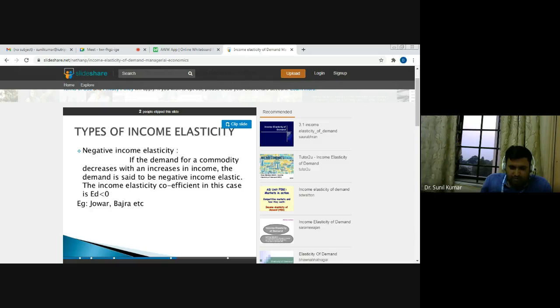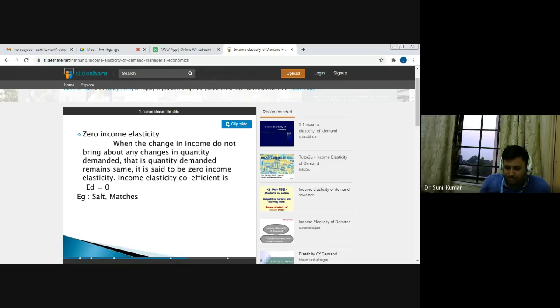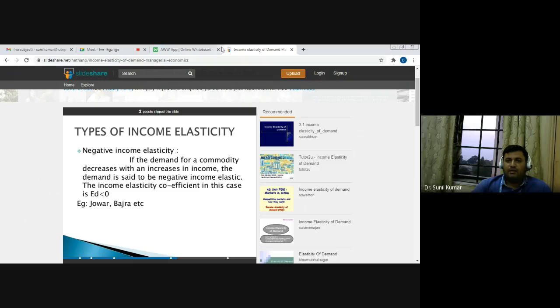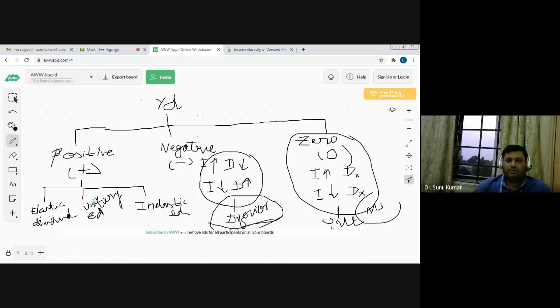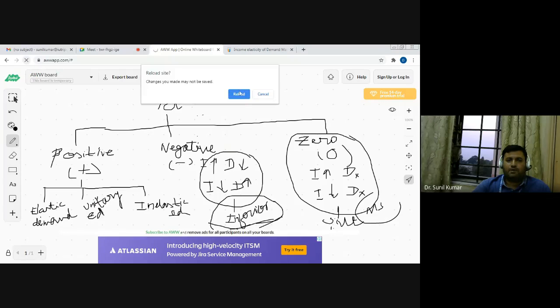As pointed out above, inferior goods have negative income elasticity. Let me see whether there is a graph or not. No, then I have to make one. Here we have to make one graph, so I'm going to draw here.